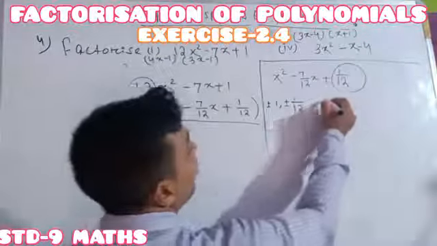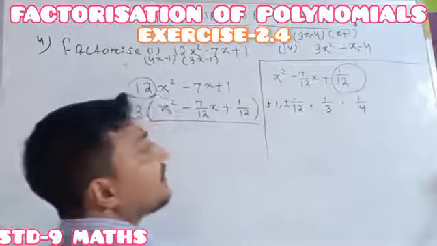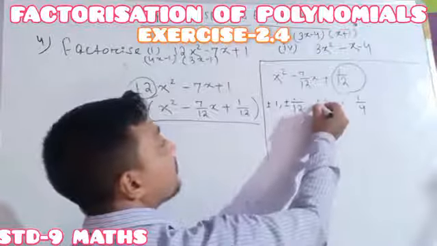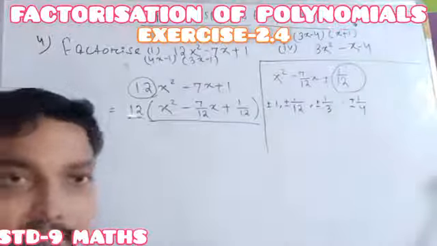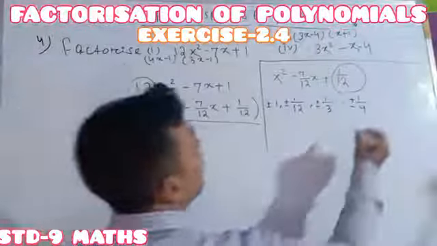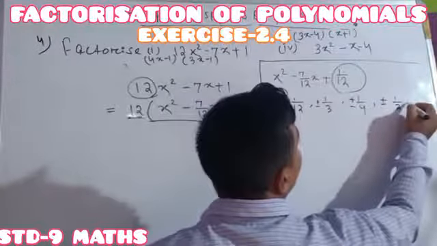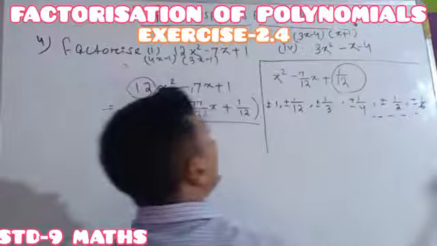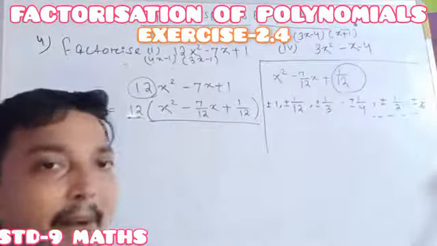Also 1 by 3 into 1 by 4 is another pair whose product is also 1 by 12. Also plus, also minus. Ready? Thereafter, also plus minus 1 by 2 into plus minus 1 by 6. So this type of many more factors of the last constant term you can find just like this.